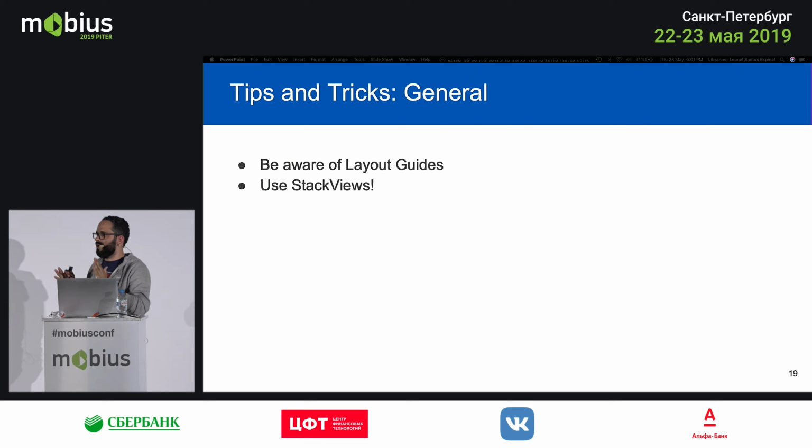For example, if you have a label that has a lot of content, there's a layout guide that determines how many characters you can show per line. Because, for example, on the iPad, you don't see the same amount of characters you see on an iPhone in portrait mode. It handles all of that for you. So you have to be aware that it exists and you can use it.